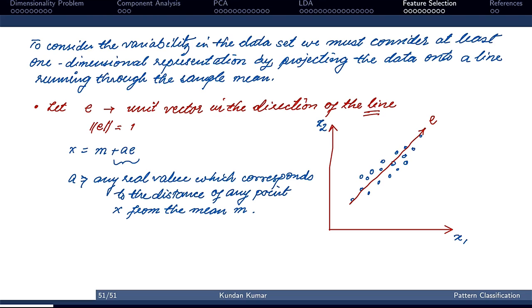Let us take one sample, suppose this is x. If this is the mean, then it will compute the distance a. So this will be the a.